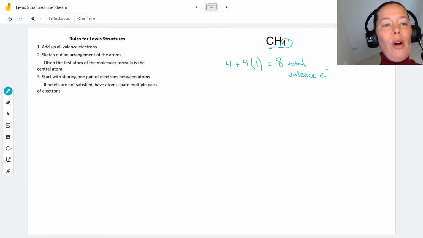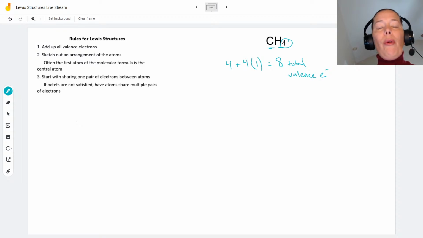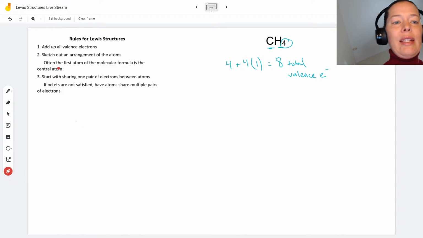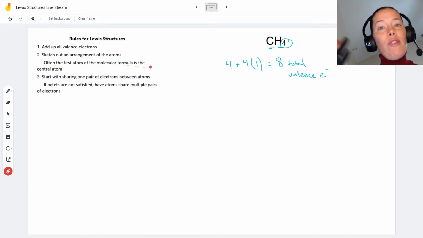Okay, back to our Lewis structure. So we have our total valence electrons, which we got mostly from the periodic table. And now we need to make a sketch, make our best guess as to how we think these atoms are going to be arranged. There's a hint that I like to use, and that is often the first atom that's written is the central atom.